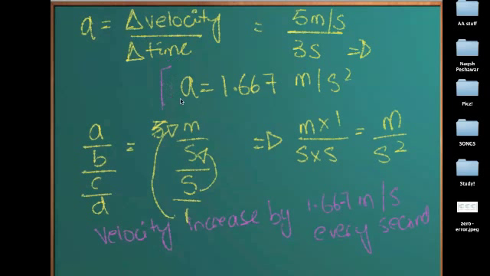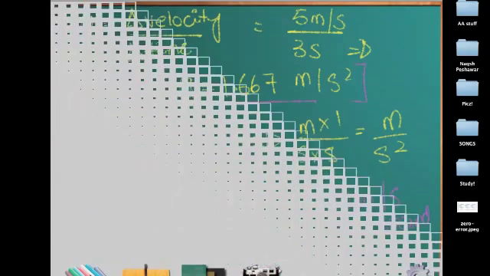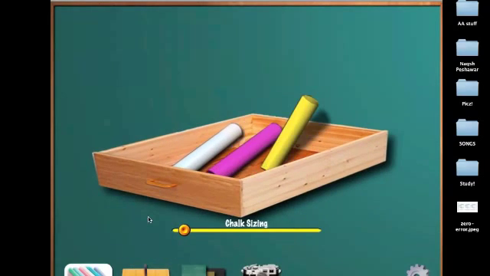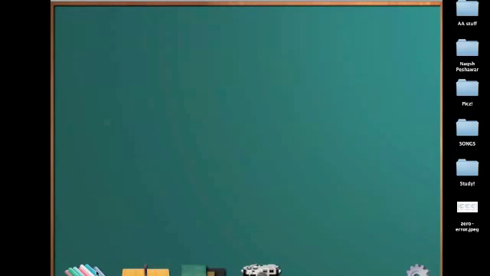This is what acceleration means. That every second there was an increase in velocity of 1.667 meters per second. So this is acceleration that you should understand. So let me take another example here, and we'll be doing more complicated problems. So for now, just the easier one.